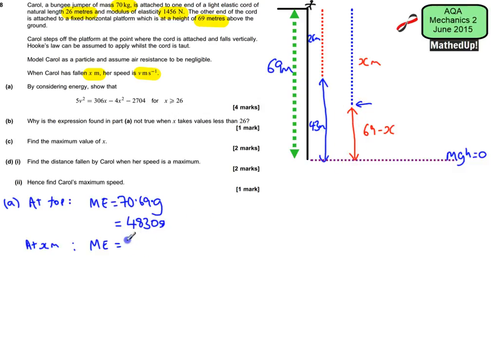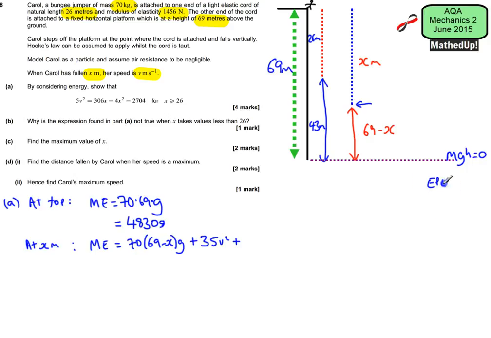So we've got 70 times 69 take away x times g, that's our mgh bit, plus any kinetic energy. Our kinetic energy is half mv squared, and m is 70, so we have 35 v squared, and we need to add on our elastic potential energy.